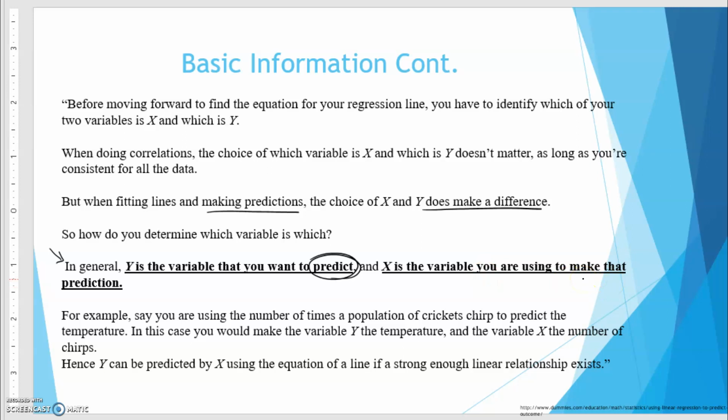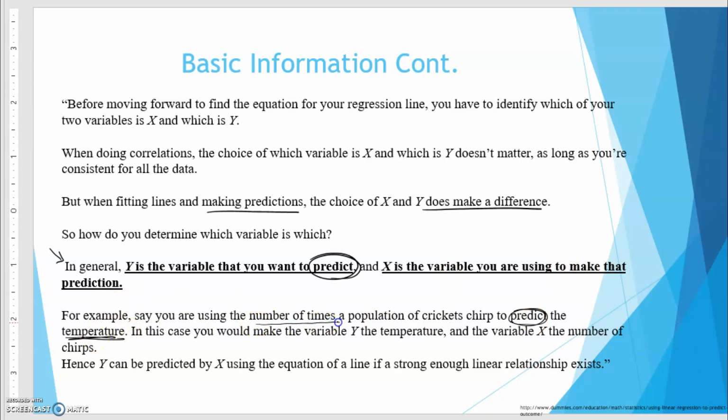Okay, that's it. So for example, say you're using the number of times a population of crickets chirp to predict the temperature. In this case, you would make the variable y the temperature, because what you are predicting is the temperature. Y is a variable that you want to predict. X is a variable you're using to make that prediction. Here, what are we using to make the prediction about temperature?